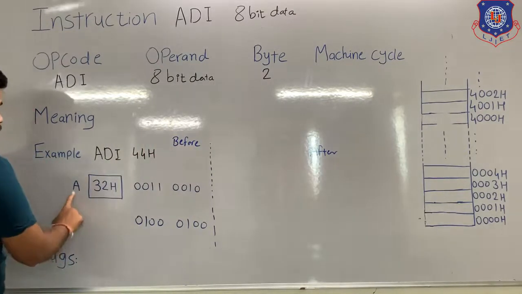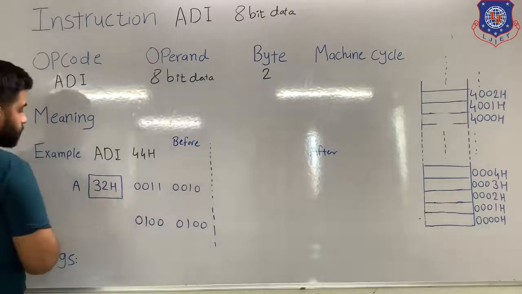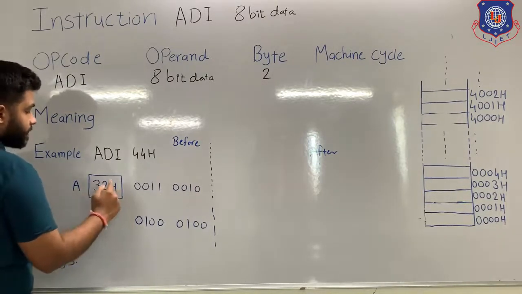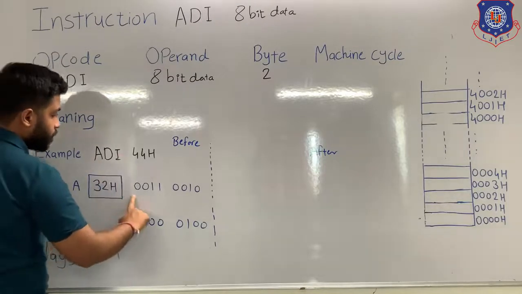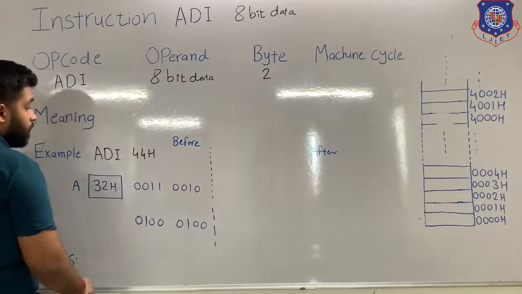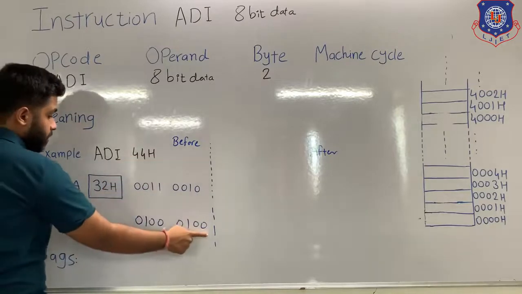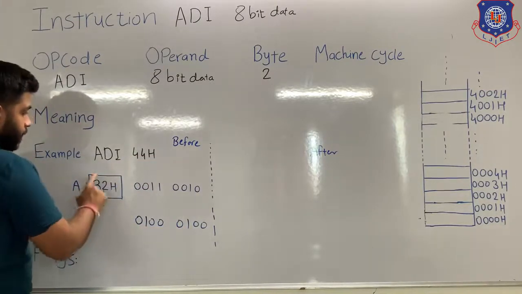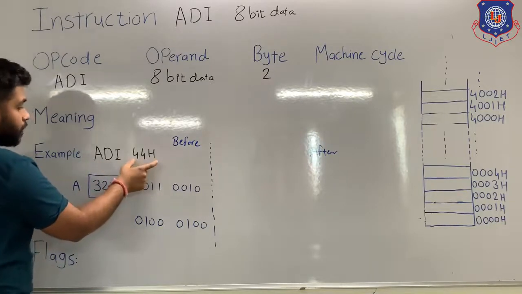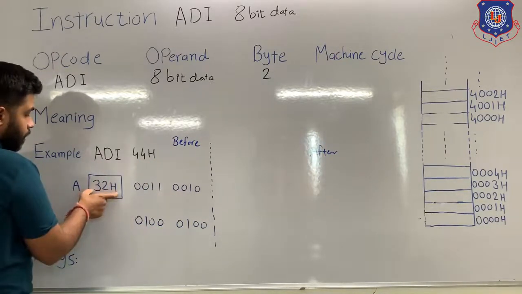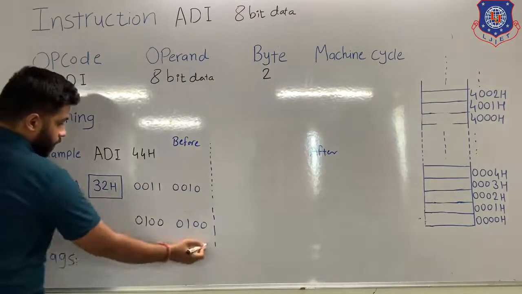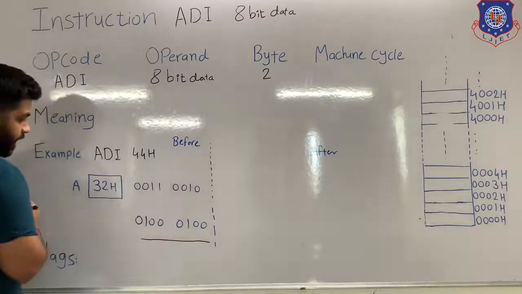Before the execution, you can see that the content of accumulator is 32H. If you convert the hexadecimal into binary, you will get this number. The 44H is also represented in binary. So when this instruction ADI 44H is executed, the 44H and the content of accumulator will be added together and the answer will be stored in the accumulator.